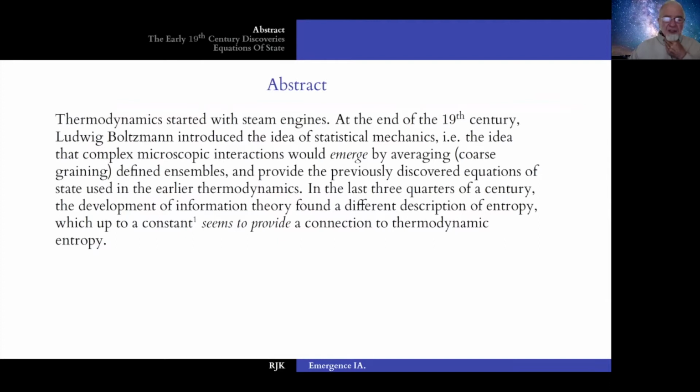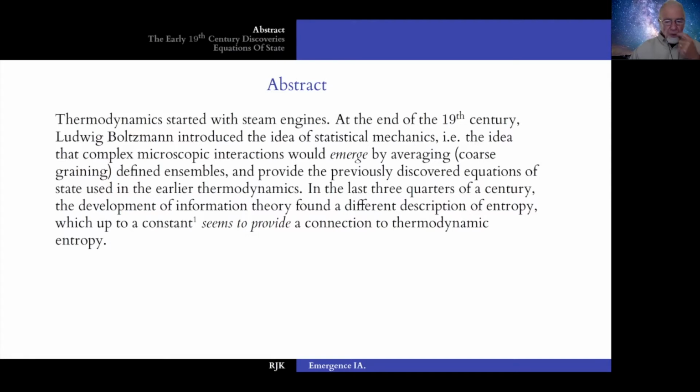Thermodynamics initially started with steam equations, and in the 19th century, Boltzmann introduced the idea of statistical mechanics and the idea that complex microscopic interactions would emerge by averaging, which we often call coarse graining, and define ensembles and many of the things that we'll talk about next week.